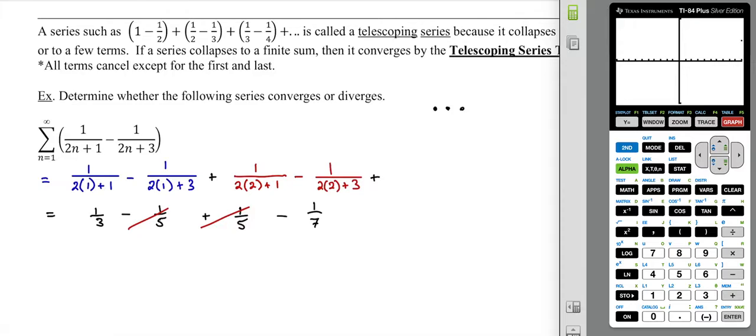So we plug in a 3 now. 1 over (2 times 3 plus 1) minus 1 over (2 times 3 plus 3). That's giving us 1 over 7 minus 1 over 9. All right, so another cancellation.